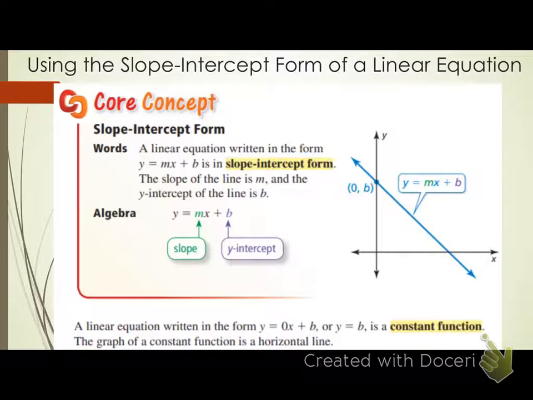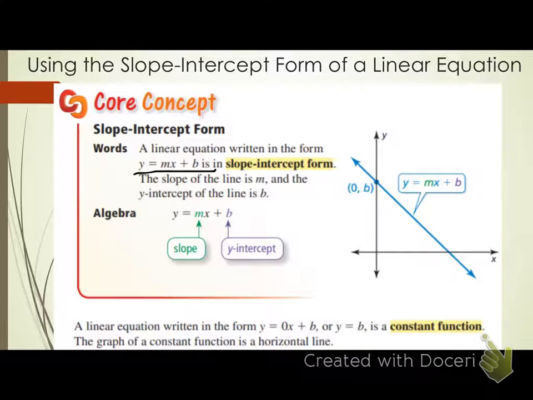Now let's talk about slope-intercept form again. A linear equation written in the form y equals mx plus b is in slope-intercept form. Write that down. Write down slope-intercept form, put a colon or something to separate it, and then put y equals mx plus b.